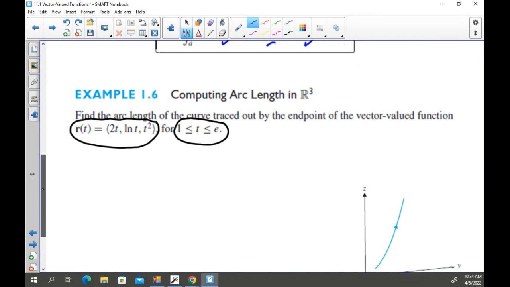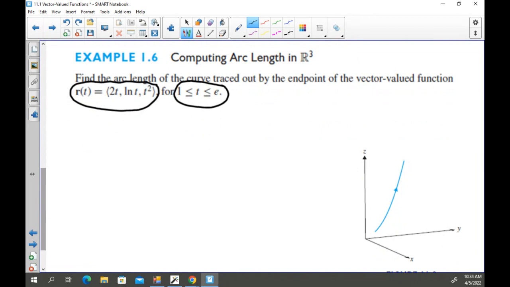So this is some curve like this, yeah? t equal to 1 is somewhere at the beginning, and then we have t equal e here. So we want to find how long is this curve.